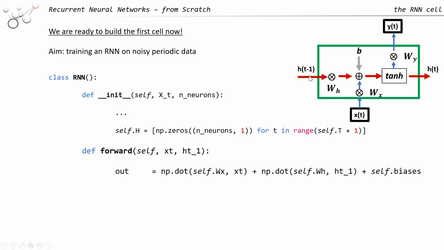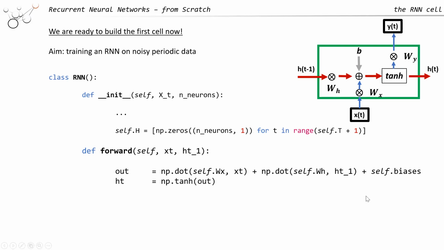And then we just compute the equation that's implied by the structure of the cell. So first of all, we create a so-called, let me just call this output, where I add the product of Wx with xt, then the product of Wh with h, and then also the biases.